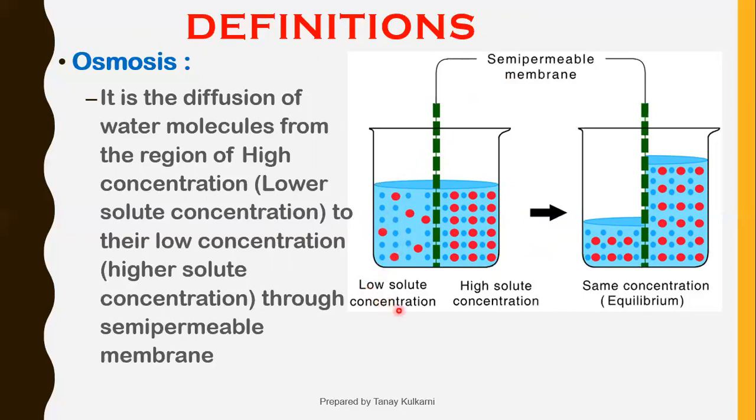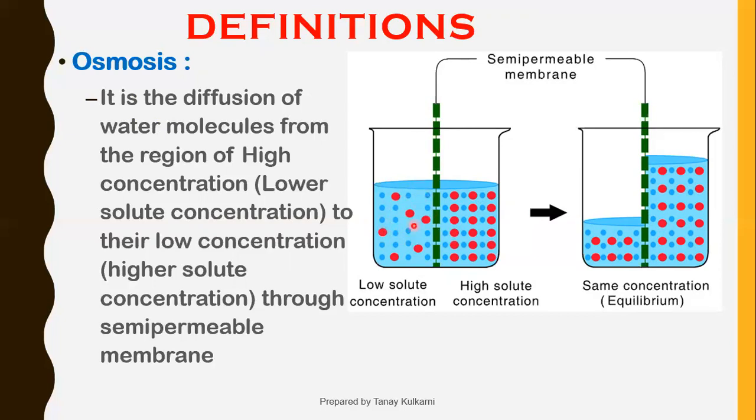The left side of the semi-permeable membrane will have a solution with low solute concentration. It means if solute is less, then definitely the solvent is more, so water is more than solute. But the right hand side of the beaker will have a high solute concentration solution, which means in this solution the quantity of water is less than the solute, correct?